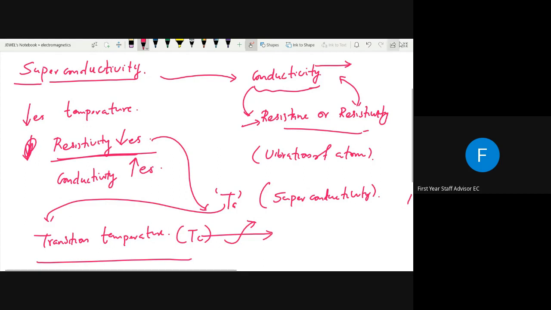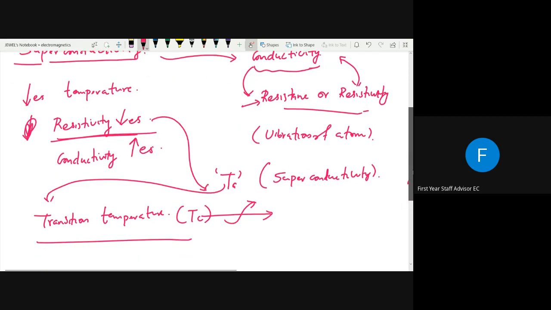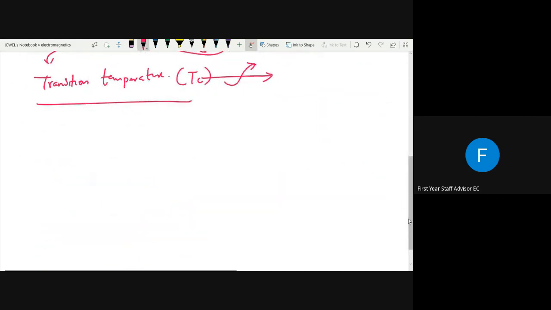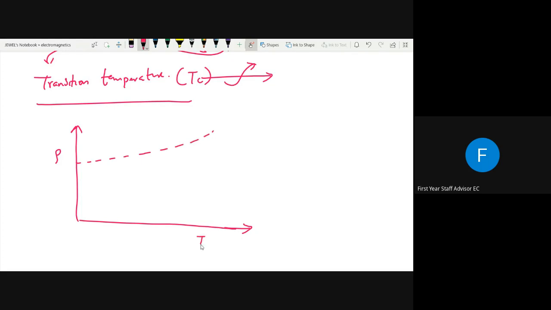Tc, or transition temperature. If we draw a graph between resistivity rho and temperature T of a material, for a normal conductor this graph should look like this. That means when temperature increases, the resistivity increases. But in the case of a superconductor, a material which will gain infinite conductivity at some temperature, at some temperature Tc the resistivity falls to zero.